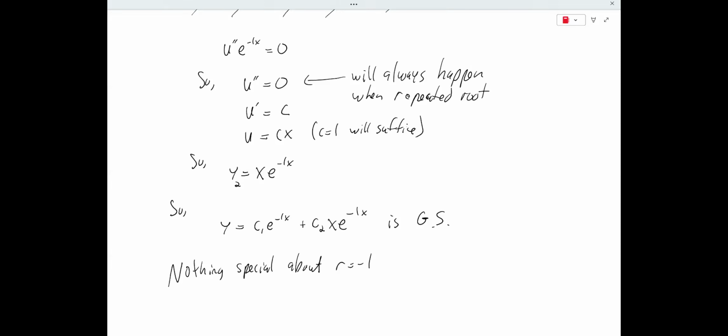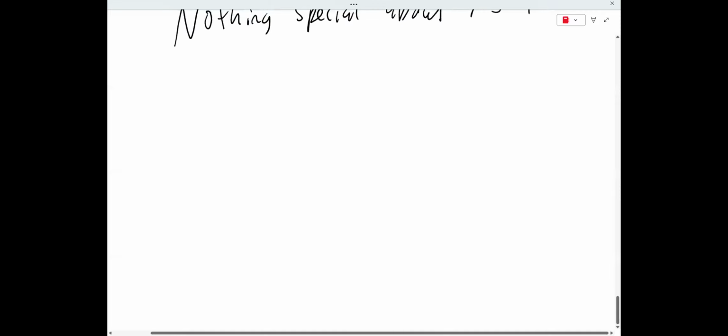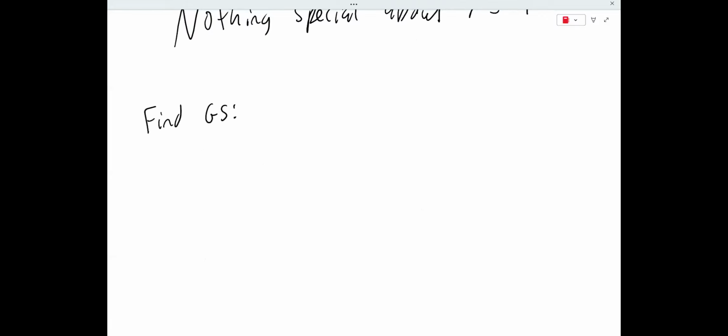Anything there? So for example, let's say find a general solution. Let's try this now. We got y double prime minus 10y prime plus 25y equals 0.